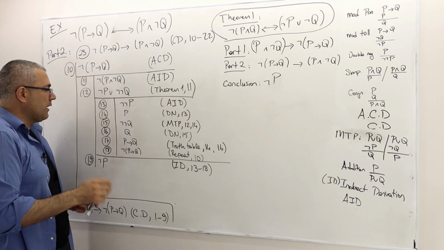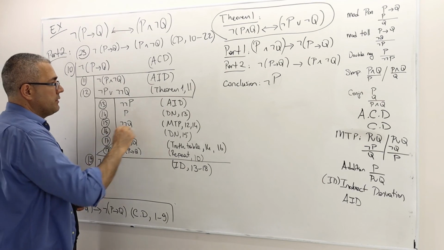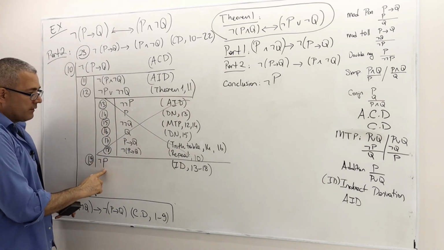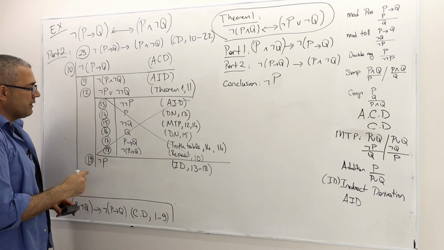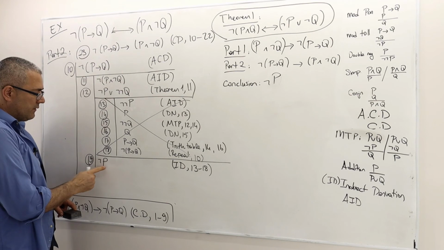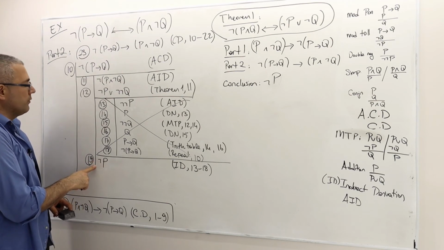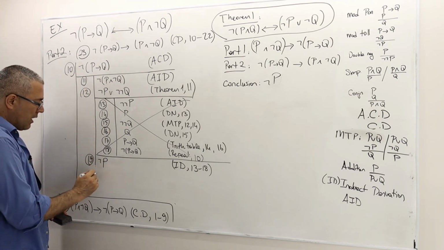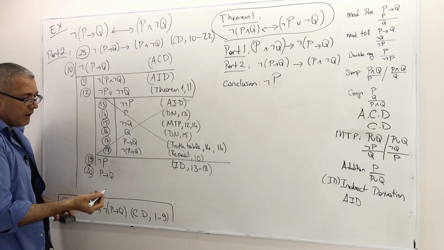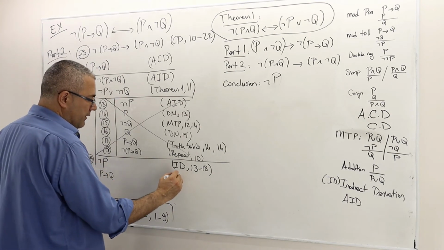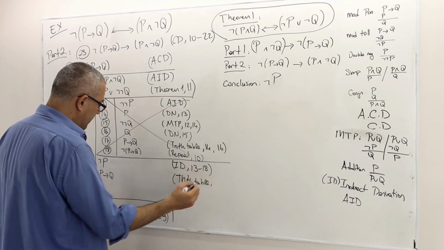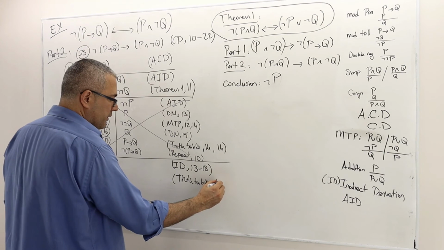Okay? So I can no longer use these arguments for the rest of my proof, but I know that not P is true. So what does that mean? That means P is a false argument, right? So that not P is a true argument. So if P is a false argument, well then P implies Q is always a true argument. Again, this is the truth table, thanks to our argument 19.